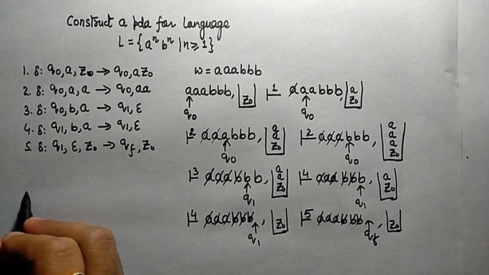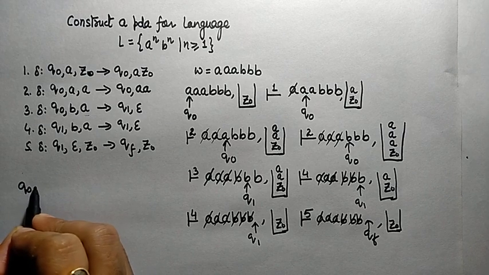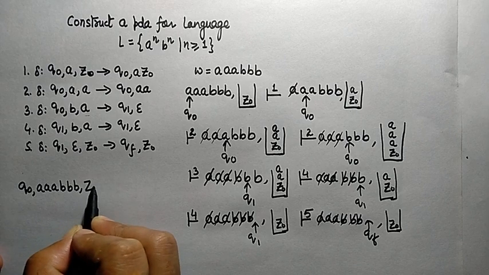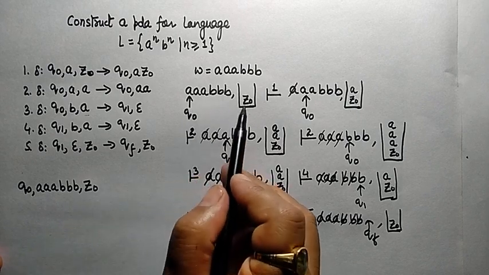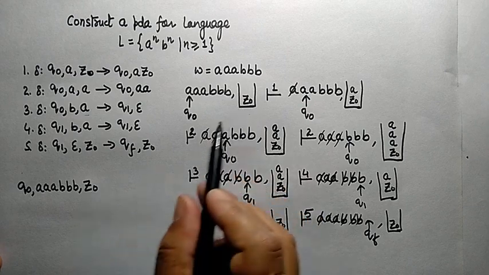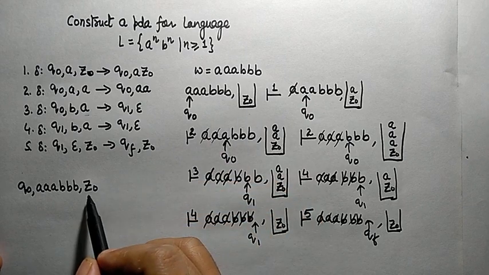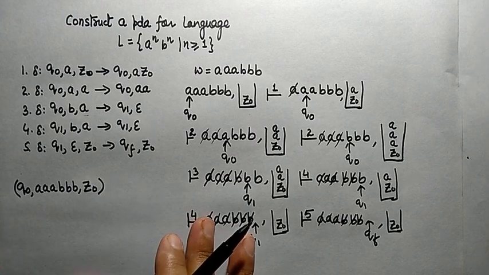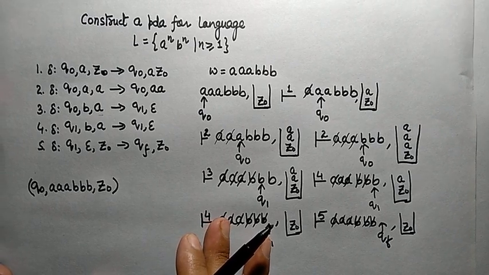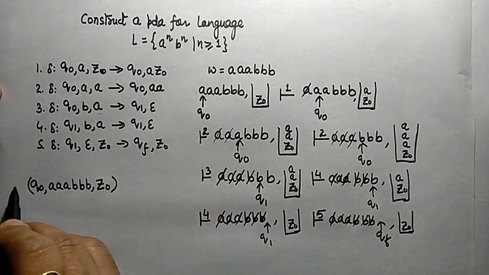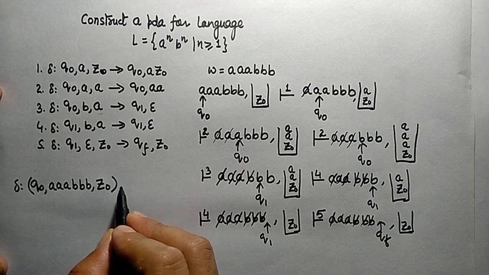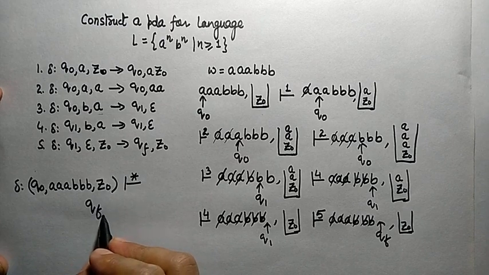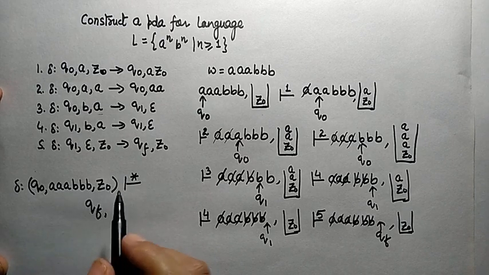So we have started from here. This Z0 is the symbol of the stack. So we have this initial position, and we are moving to the final state after reading the entire symbols.